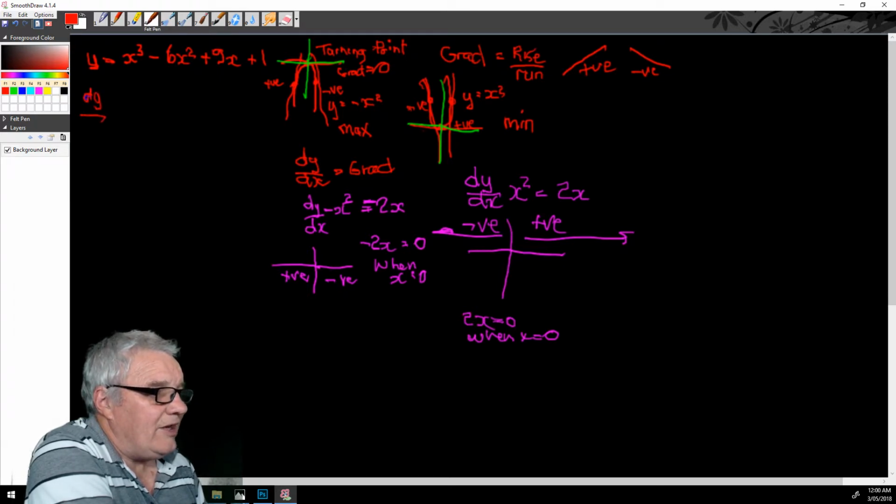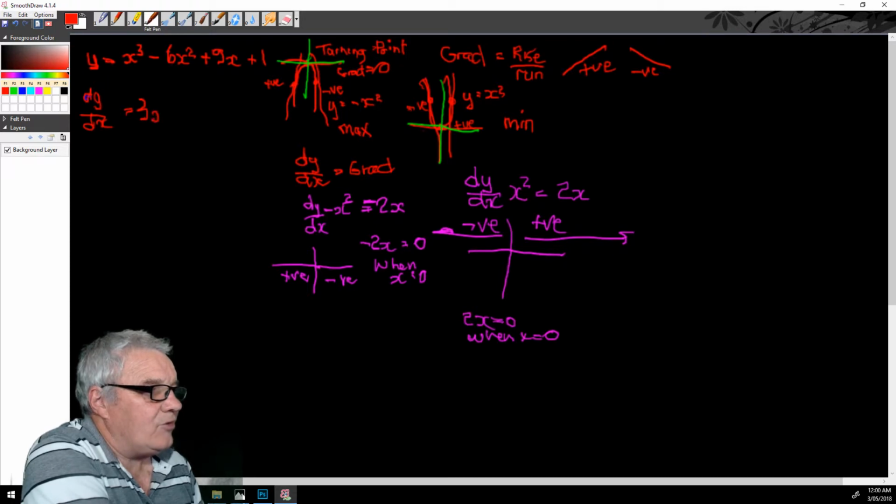So we can go dy by dx, as we differentiate this. We take 3, bring that to the front: 3x squared, minus 2 times 6 is 12x.